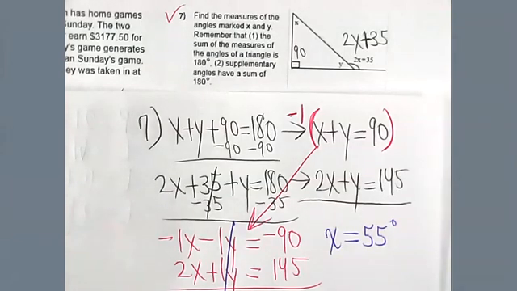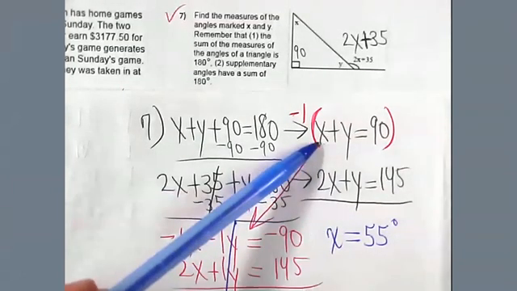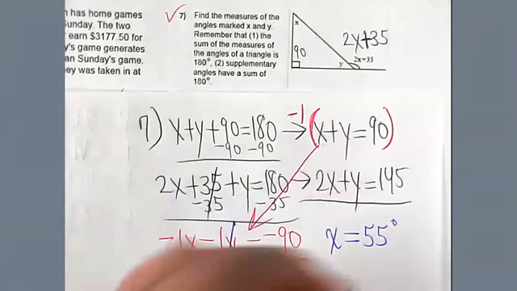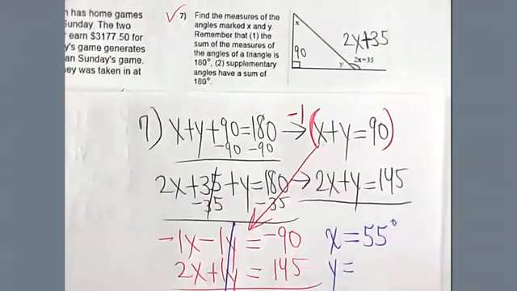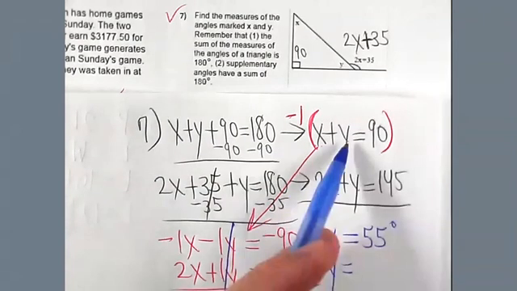Now we need to find the angle y. Instead of multiplying by -1, could you just subtract it? Technically, you could. You should get the same result. Now you can plug in 55 up here for x, or you can just eyeball it again because you know that the two angles have to equal 90 degrees according to this equation.